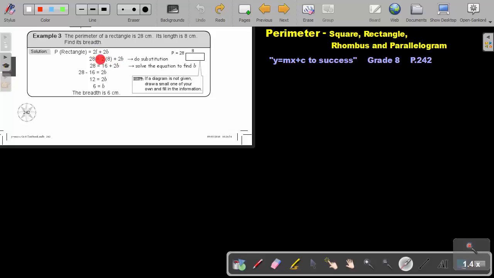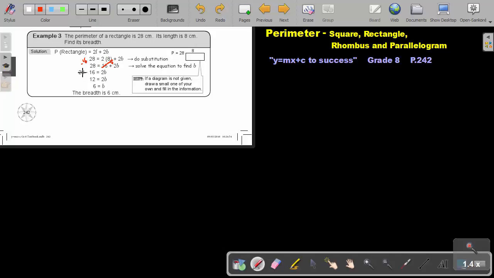Now, it's just an equation, so I'm just going to solve it. If I want to get this 16 away from this side, remember, with an equation I can do anything as long as what I do on one side of the equal sign, I do on the other side. So I'm subtracting 16 on this side and 16 on this side.